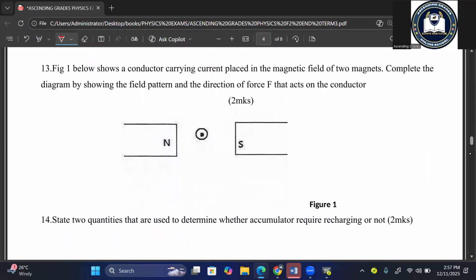So you can see the current is pointing out of, assuming that what is appearing on your screen is just a paper, then it is showing that the current is out of the page. So in this case, we're going to apply Fleming's left-hand rule. If you apply it, you'll find that the motion will be moving upwards. That is the force.